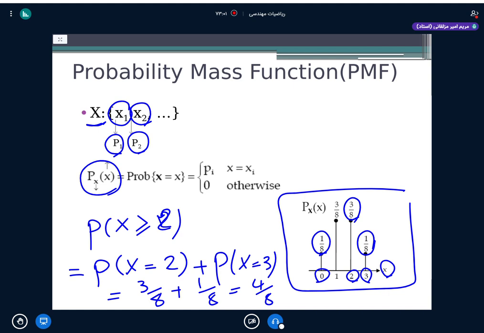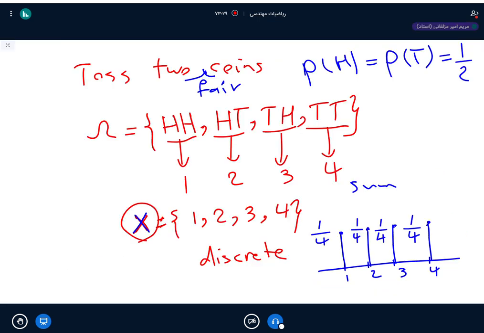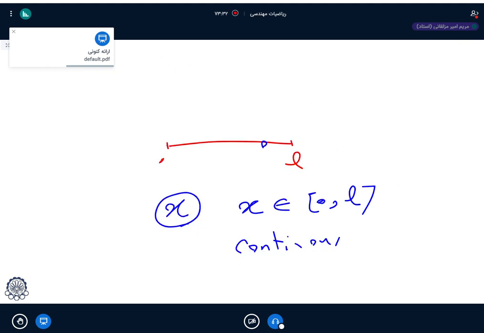It's very important to pay attention that we cannot define PMF, probability mass functions, for continuous random variables. Why? Because when we have a continuous random variable, the probability that it is equal to a specific value is 0. Okay? Here we have a continuous random variable that takes values in this interval.